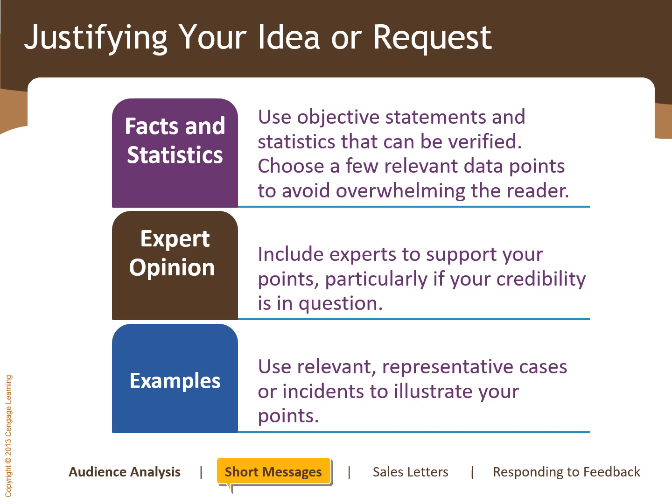So in this case, you are using facts, and you could also embed some statistics in your request, that the average product should work for about 5,000 hours, and in my case it only worked for 10. So again, it's one way you can use to justify your request. A good rule of thumb is not to use too much of it, otherwise the reader is going to be overwhelmed with a lot of information and data.